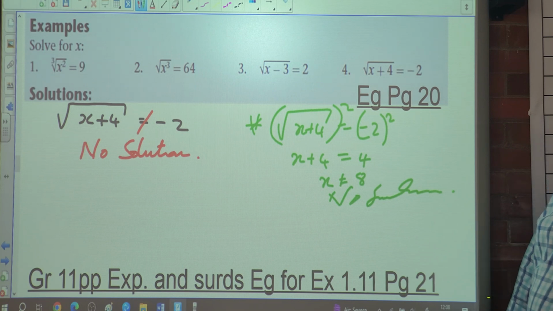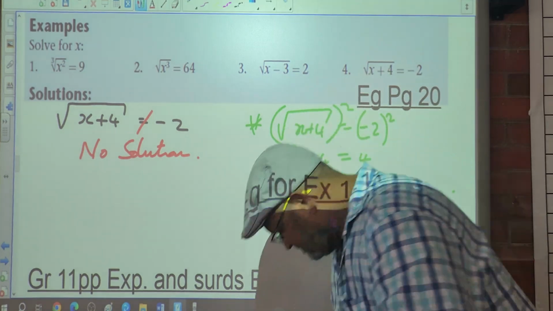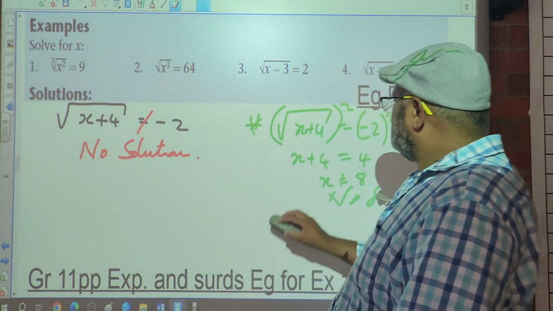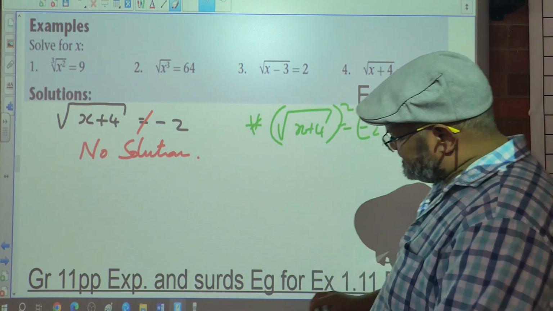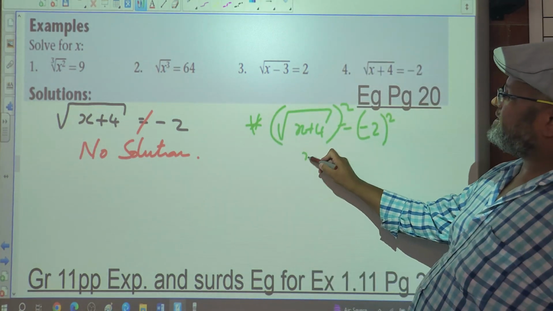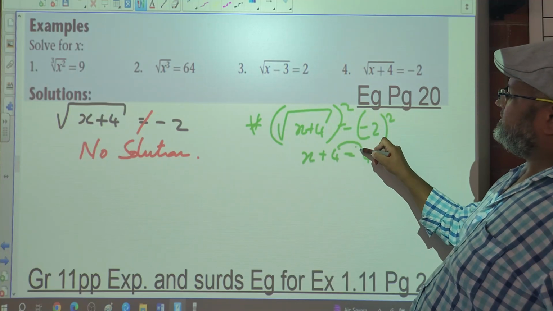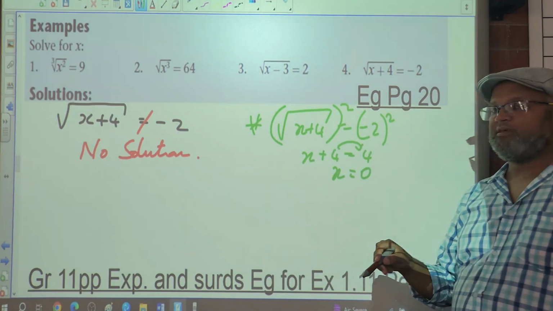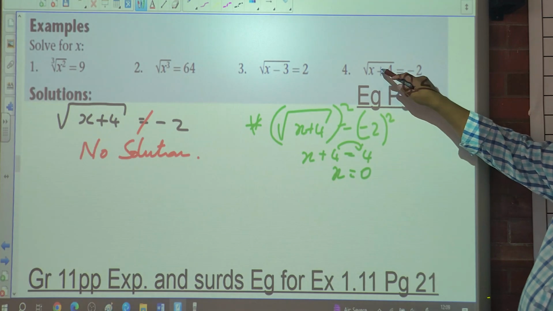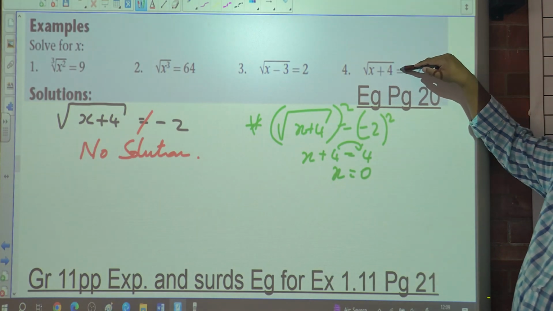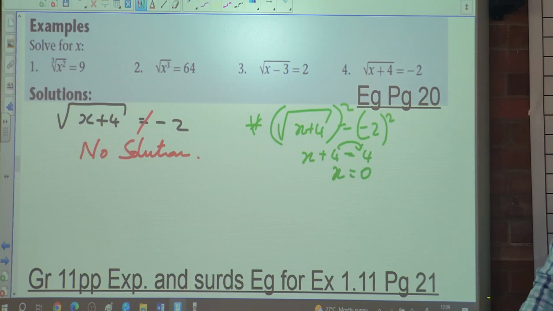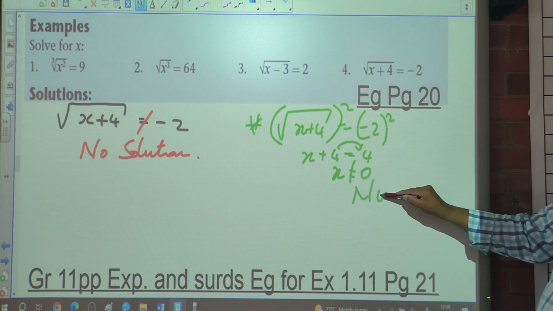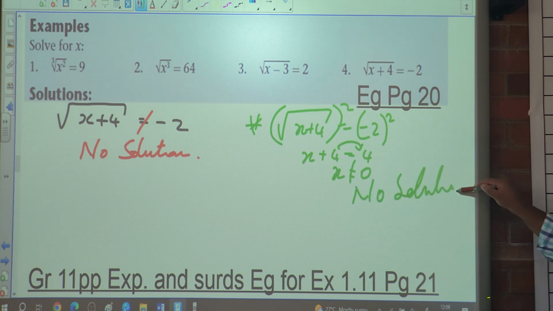Absolutely correct. I made a mistake, sorry, my mistake. Square both sides, so x plus 4 is equal to 4. Take it over the equal sign, so x is equal to 0. And let's put 0 in. What's 0 plus 4? The square root of 4 is 2. Is 2 the same as minus 2? No. Okay, so no solution.